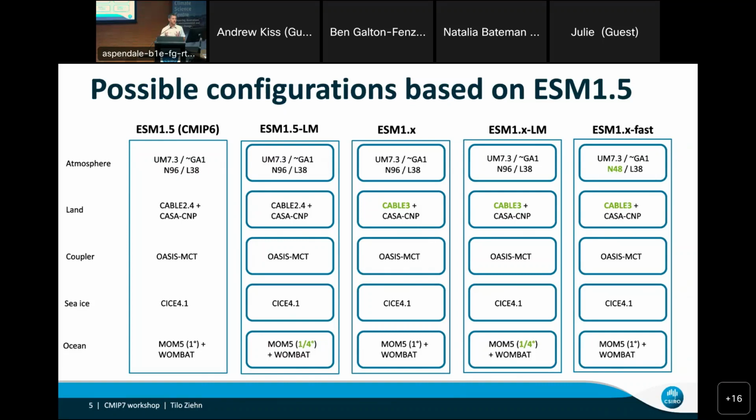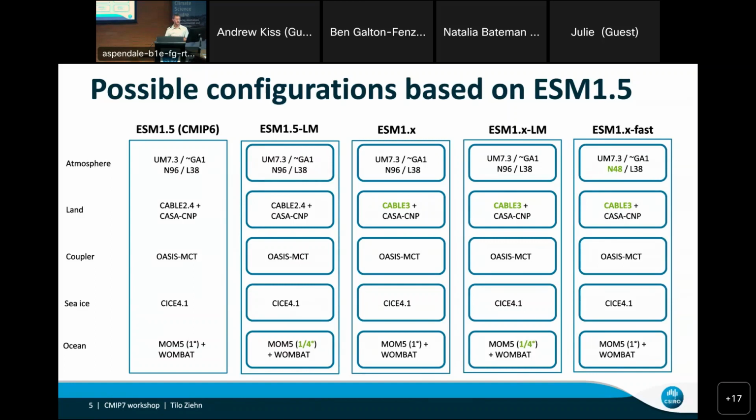So it's a test platform for any incremental change that we do either on the land or the ocean side. So putting CABLE 3 in there then enables us to test new science or additional processes that will be implemented in CABLE 3, and we can test that in an Earth system model framework. And that could then potentially be applied to other configuration options as well that use CABLE 3.